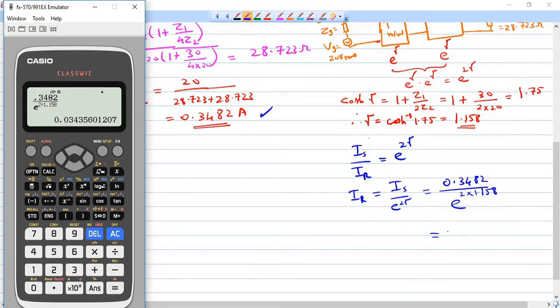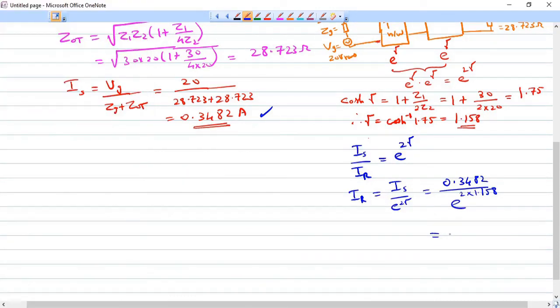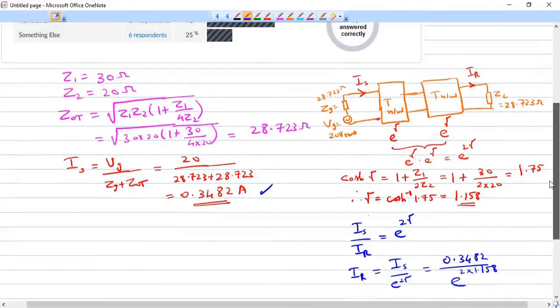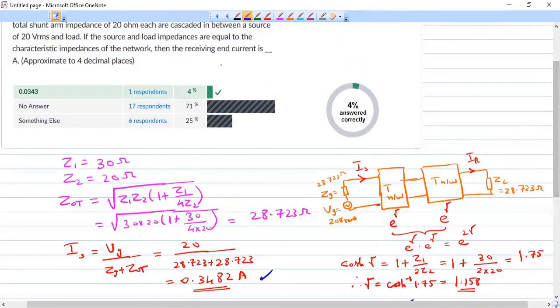That is 0.0343 ampere. So that's the answer that is expected. The receiving end current is 0.0343 ampere.